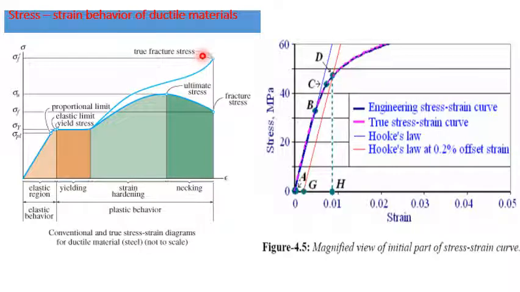But for the true curve we take P by Ai. Because the denominator is decreasing, the curve starts increasing here. Here the denominator remains constant, the load keeps on decreasing, so the curve starts decreasing.